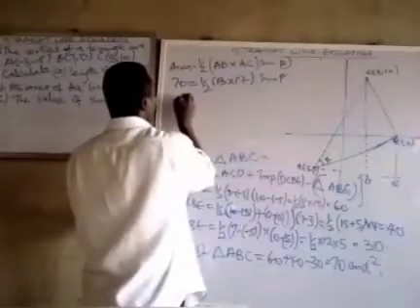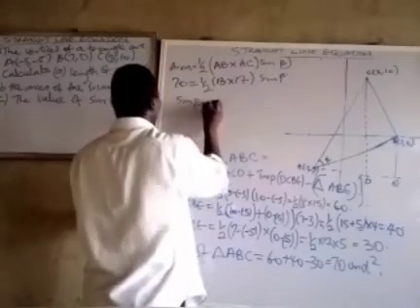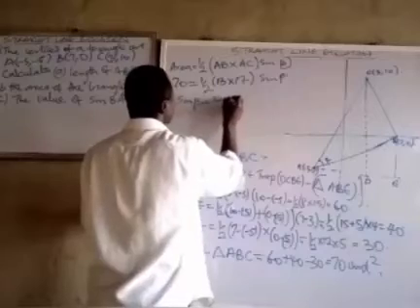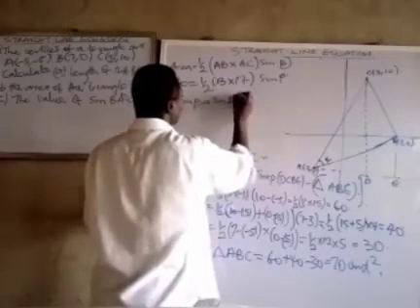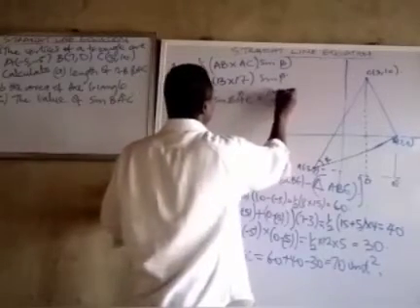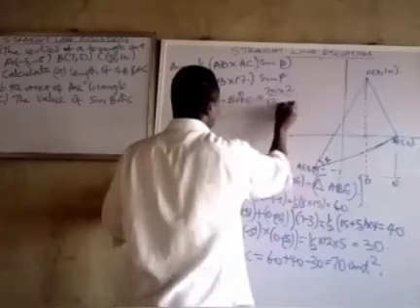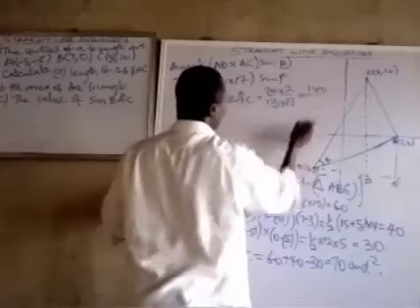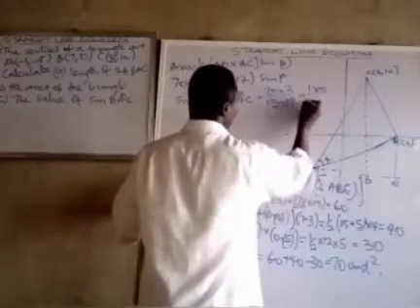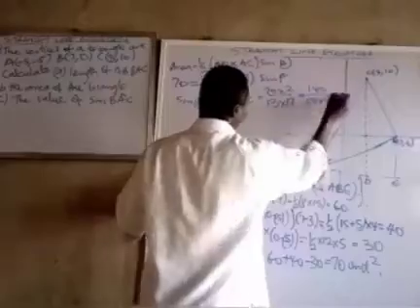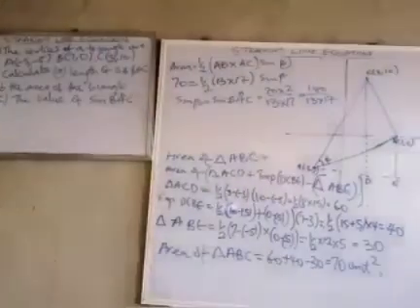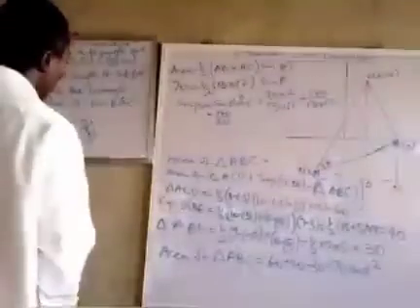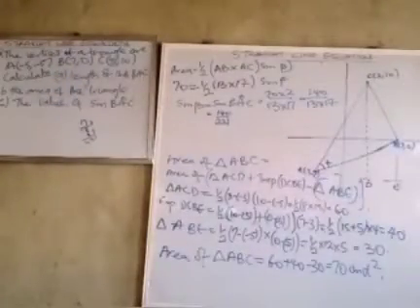So sine beta, that is sine BAC, will be equal to 70 times 2 over 13 times 17, which is 140 over 13 times 17. And that will be 140 over 221.